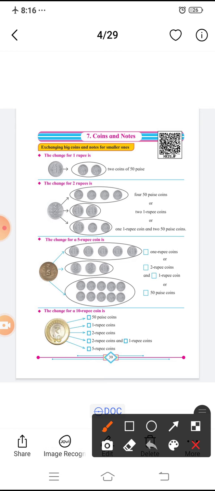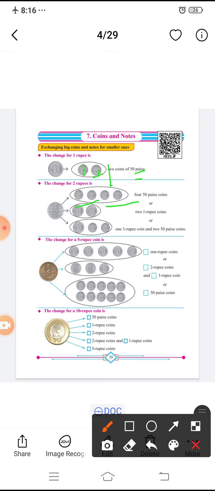How many 50 paise coins are needed to exchange 2 rupees? You have seen 2 coins of 50 paise make 1 rupee. Then again 2 coins of 50 paise make 1 rupee. So 1 plus 1 is how many rupees? 2 rupees. Correct? So 4 coins of 50 paise are needed to make 2 rupees.